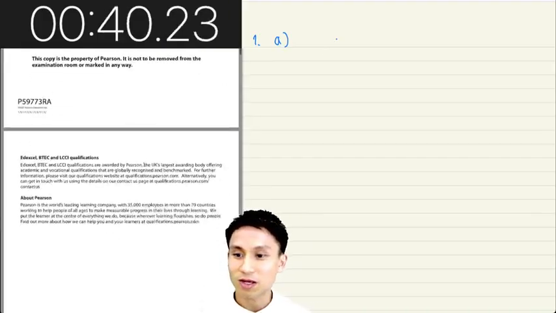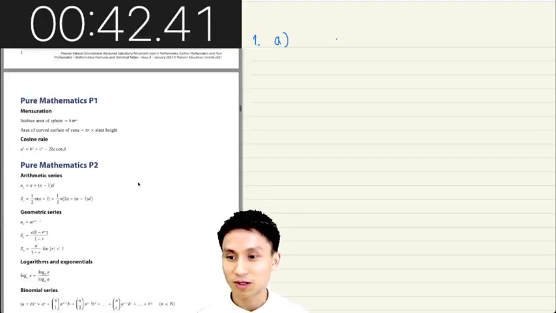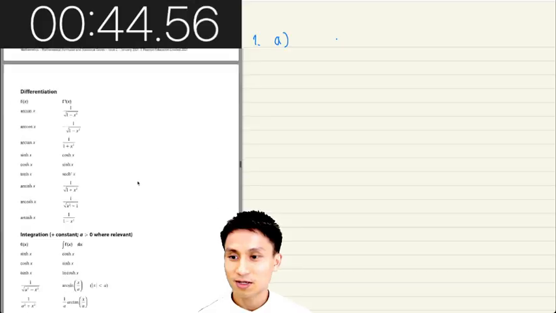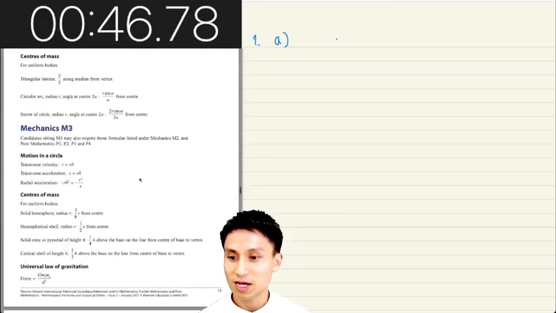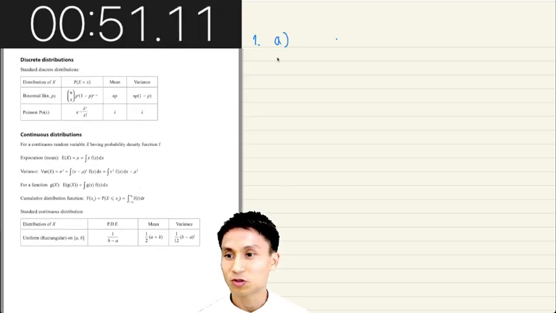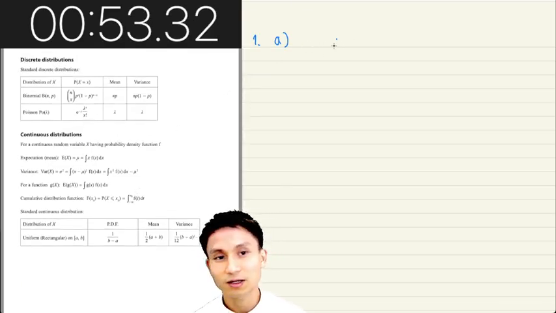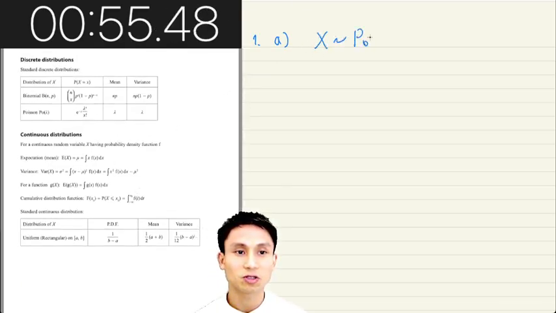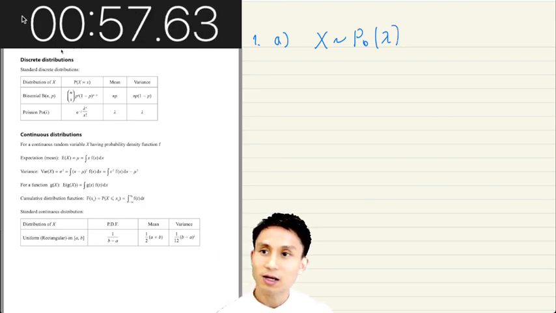So let's bring up the Poisson formula there in S2. It's quite towards the end, yeah, here we go. Poisson distribution. So we have here X follows a Poisson distribution, lambda, right?